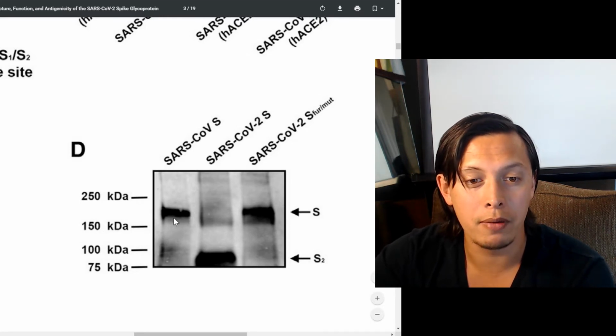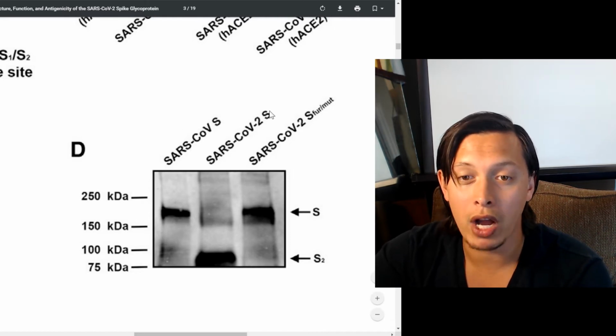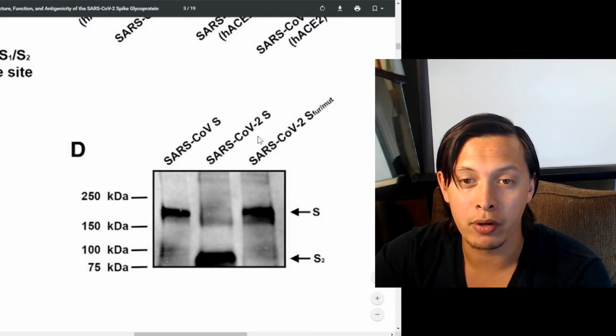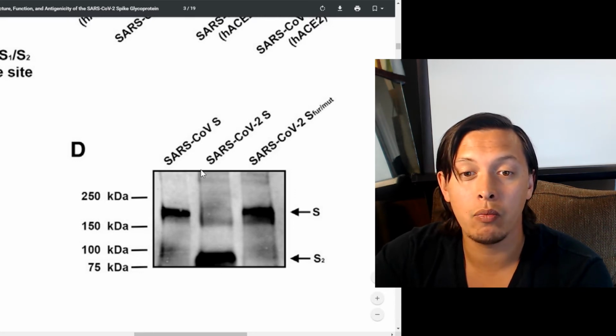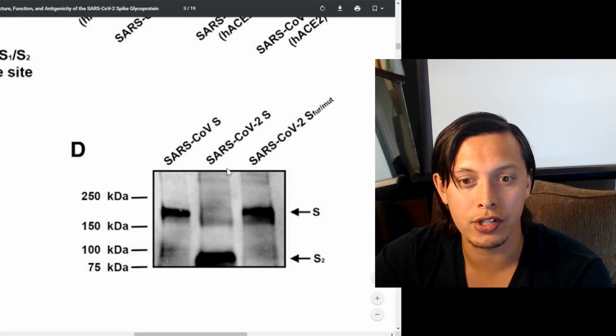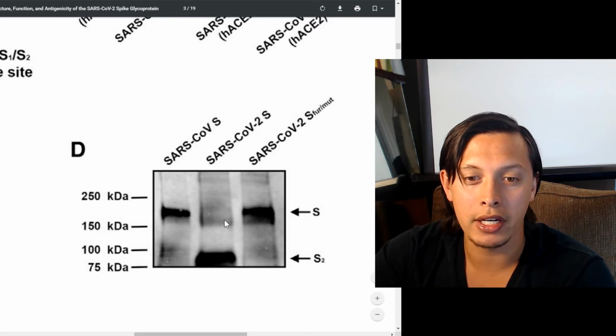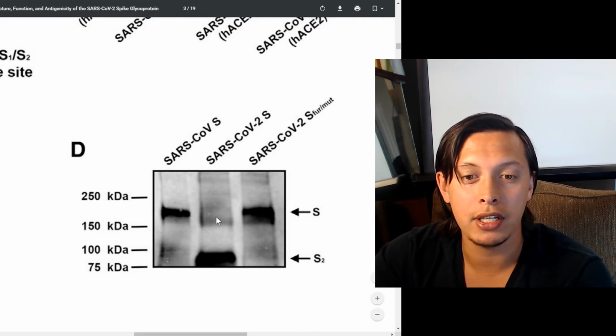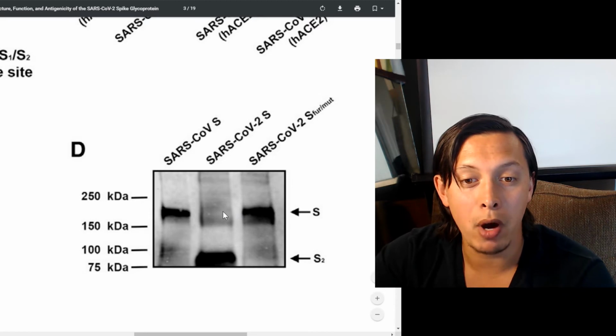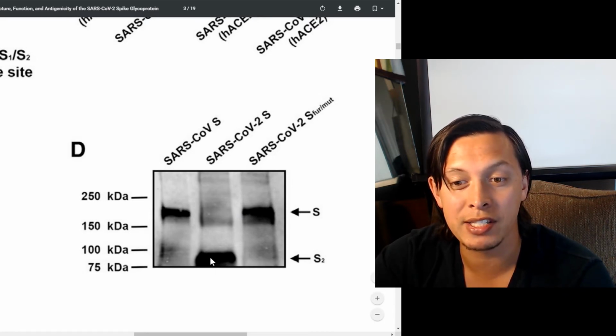And this is the original SARS coronavirus. They did it as well with the SARS-CoV-2 spike protein, and when they ran those proteins through this gel, normally, if it was uncleaved, it'd be here. But most of them are down here, meaning that they have been split apart.